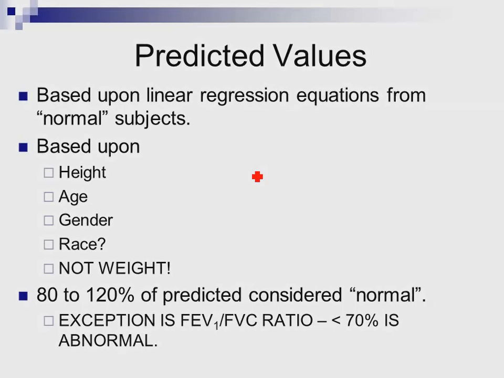We call them predicted values, because it's basically just done based upon your height, your gender, and your age. How big of lungs do you have? What is your ability to not only get a volume in, but to exhale it in a forceful manner?